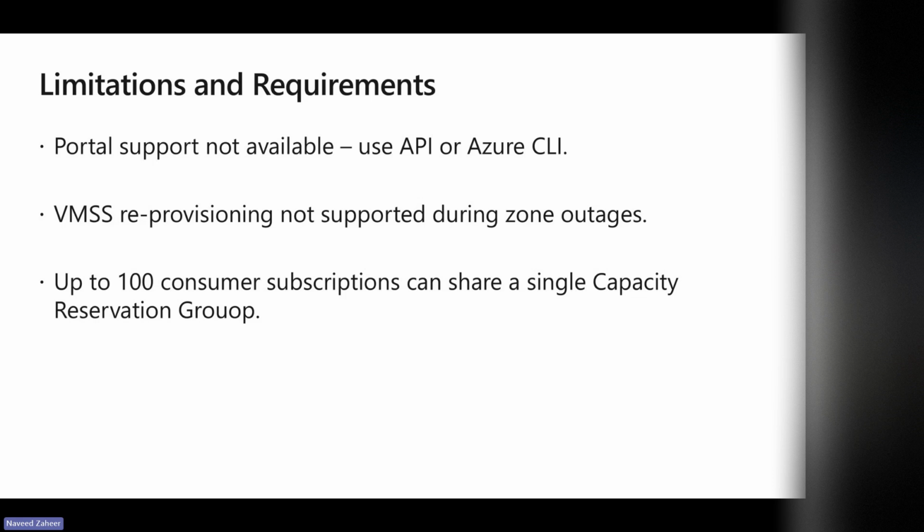So that support is there. So partial is there. You can use the API or CLI for creation of the shared CRG. Second part, there can only be 100 consumer subscriptions for a single provider. We don't know, that may or may not change based on the feedback from the public preview. At this moment, it is 100.